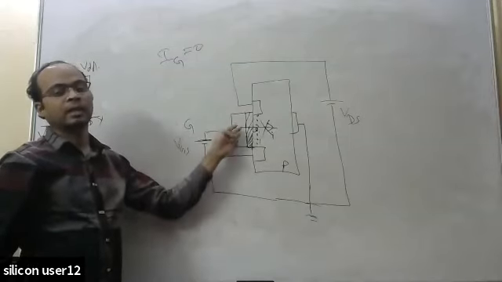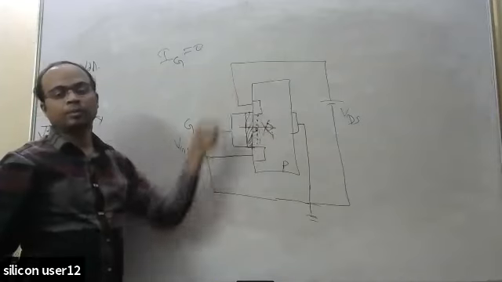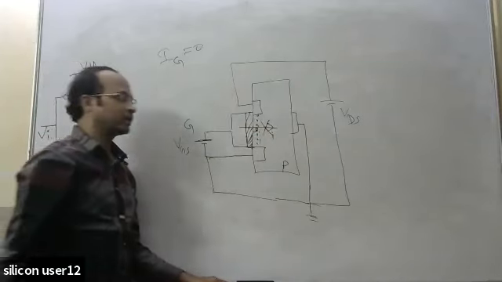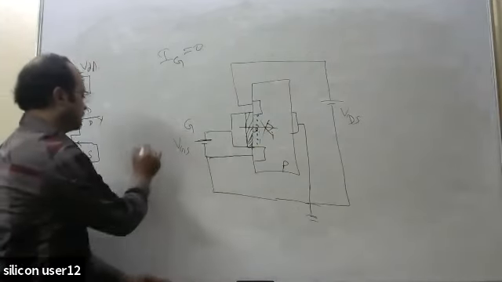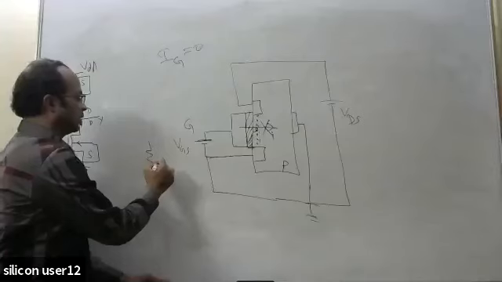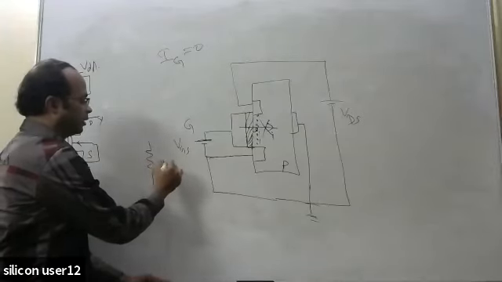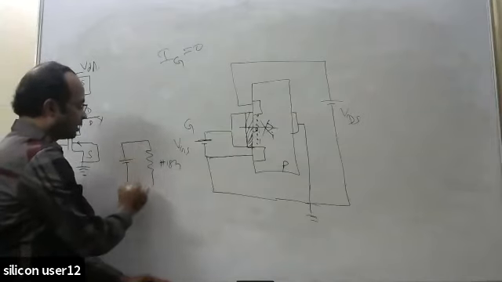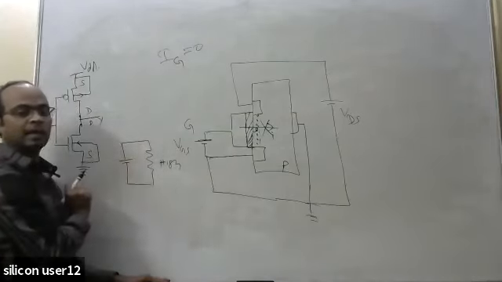That means the input impedance of the MOSFET is very high. Let us say you have a resistor, but its value is very high. Whatever voltage you apply, the current flowing is very negligible.